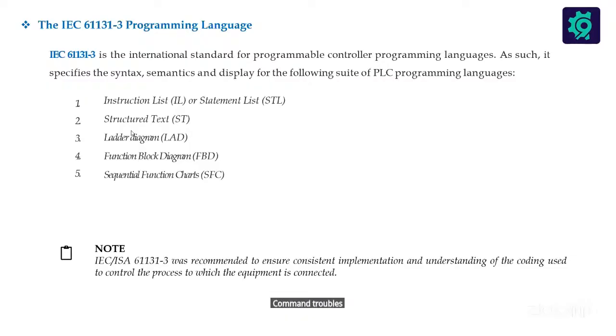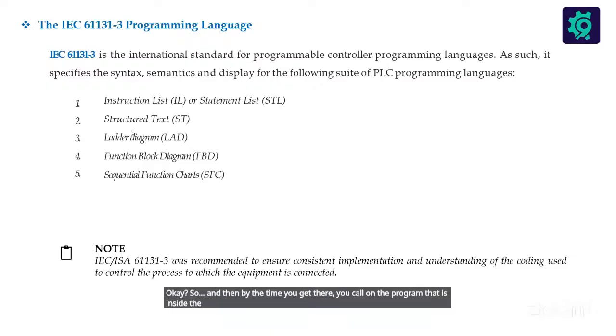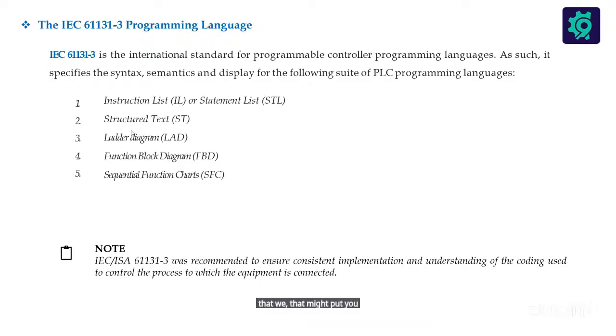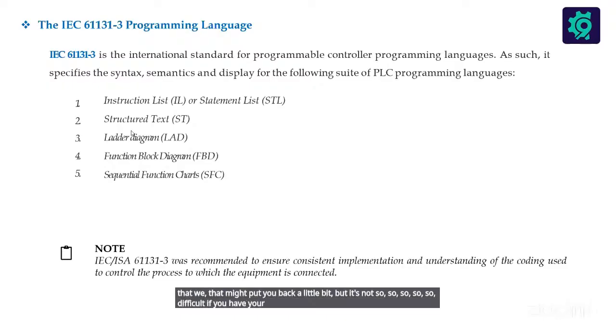Come and review. By the time you get there, you call up the program inside the PLC and you realize that everything is written in structured text, everything is written in statement list. If you are only conversant with ladder, that might put you back a little bit, but it's not so difficult. If you have your understanding of logic, you should be able to maneuver some of these things.